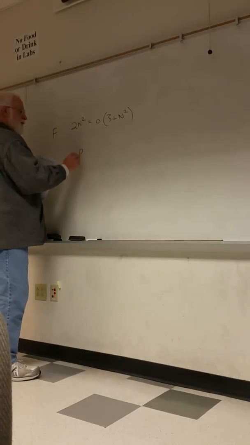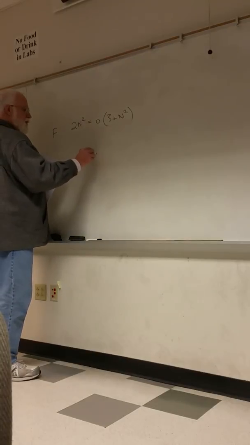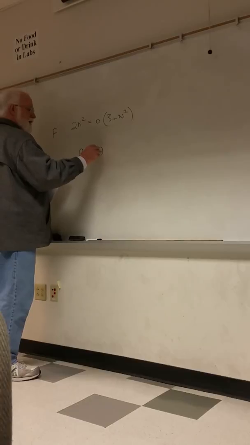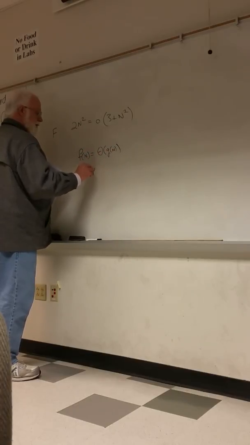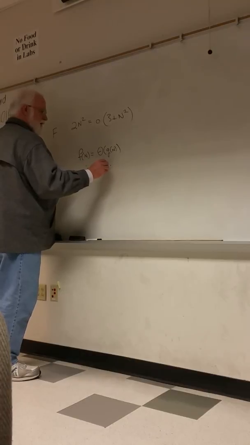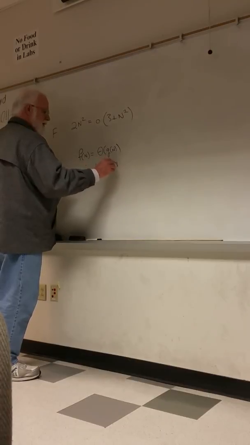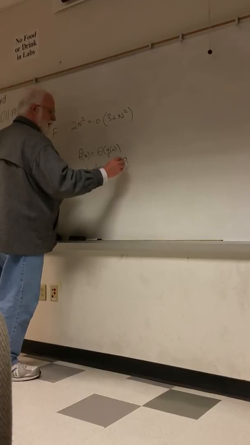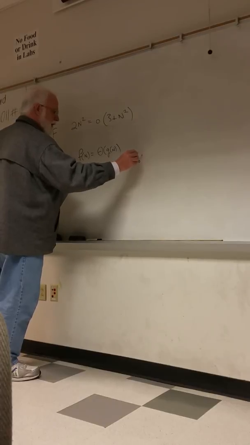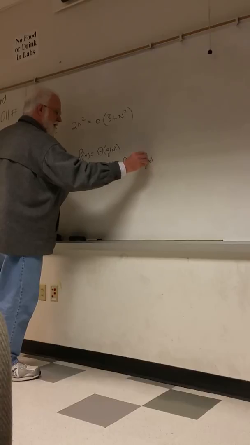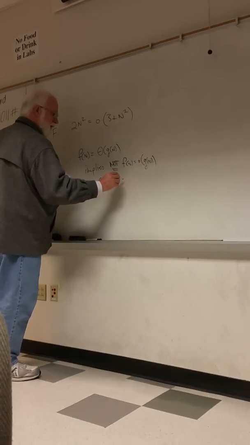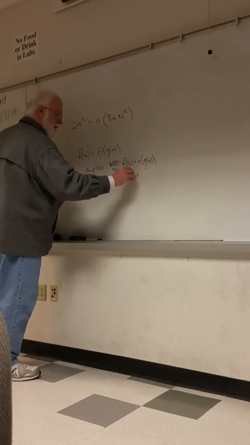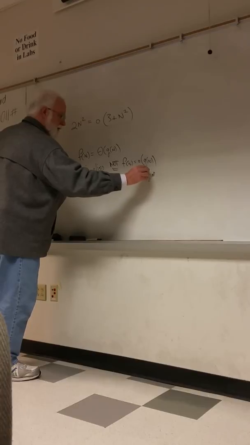So f of n equals big theta of g of n implies it's not the case that f of n equals little o of g of n, and it's not the case that f of n is little omicron of g of n.